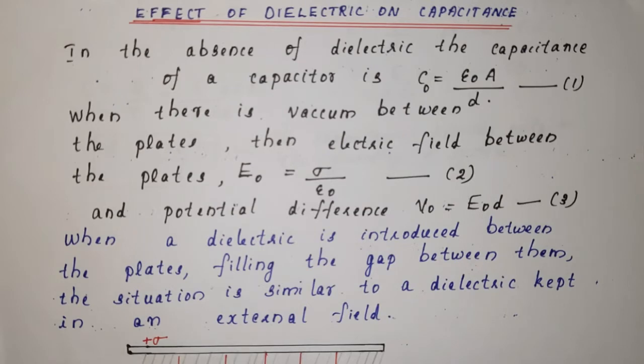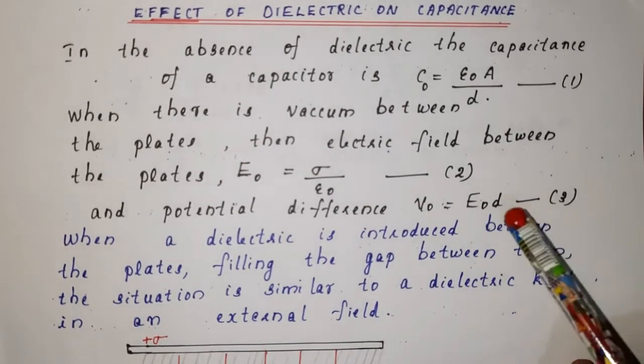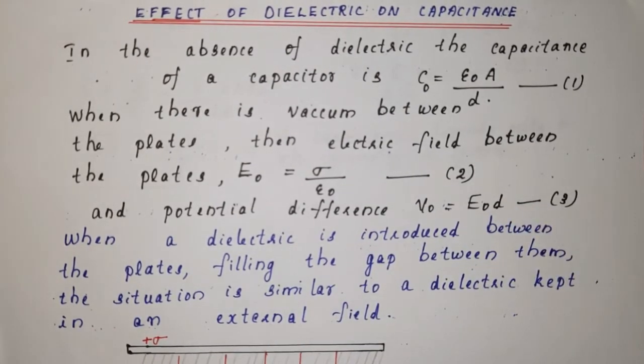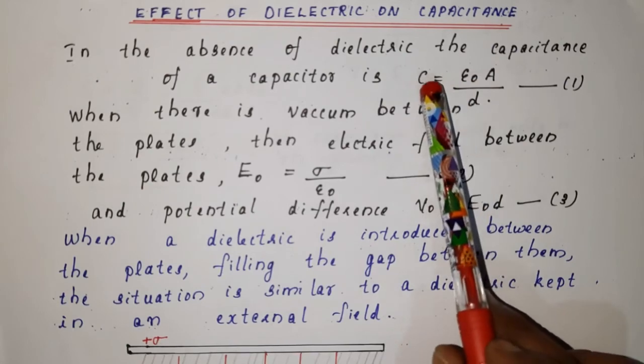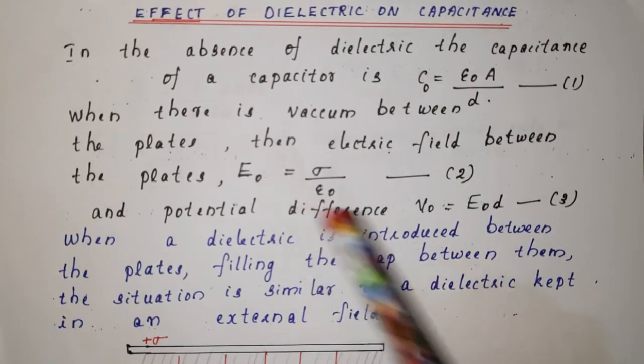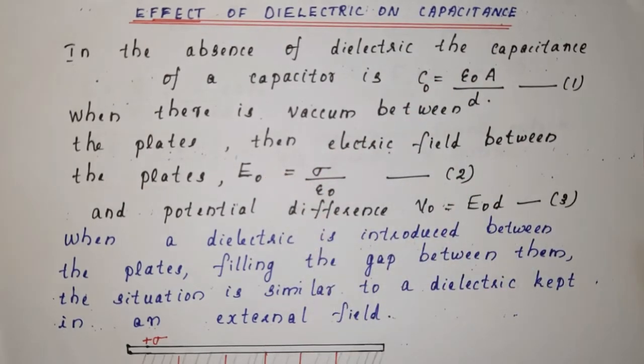And the potential difference is V0 equal to E0 d. So these equations we have already discussed. The only difference is that we have used C0, E0, V0 to show that we are discussing the case in the absence of dielectric.